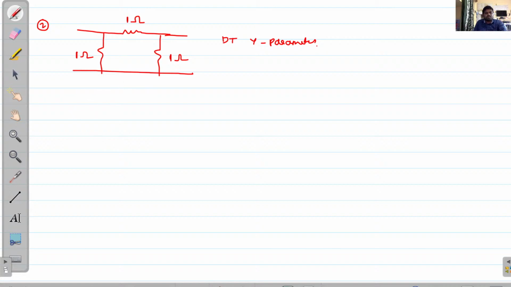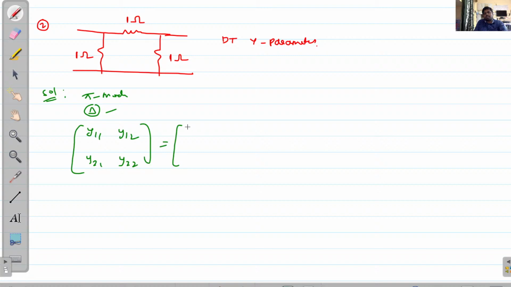So already you know the given network is a pi model only. Pi model, otherwise delta model, both are the same only. So you can apply the direct formula, right? So Y11, Y12, Y21, Y22, what will you get? Ya plus Yc, and the middle elements are minus Yc and minus Yc, and next Yb plus Yc.